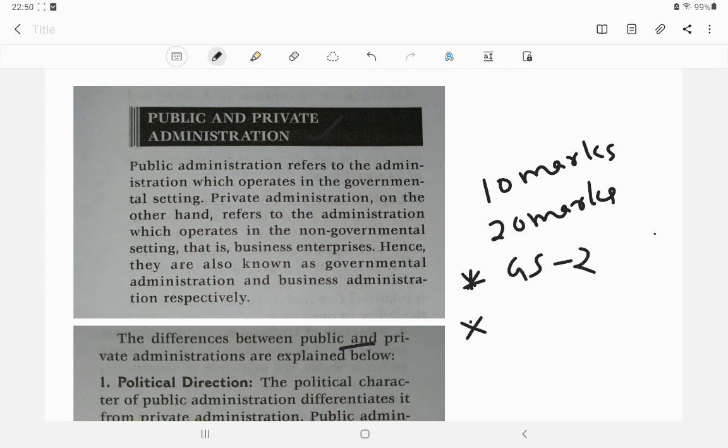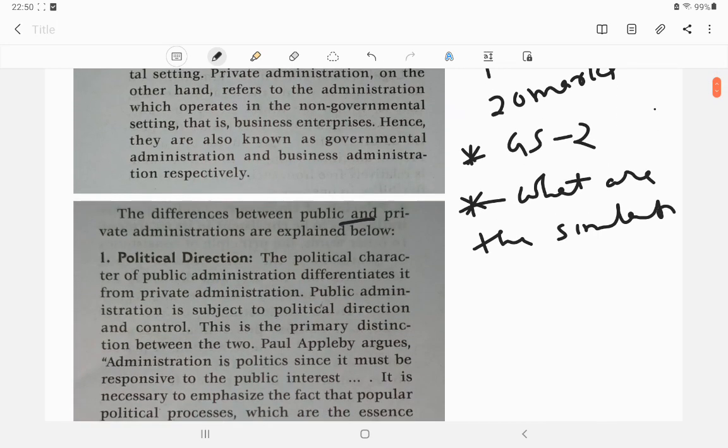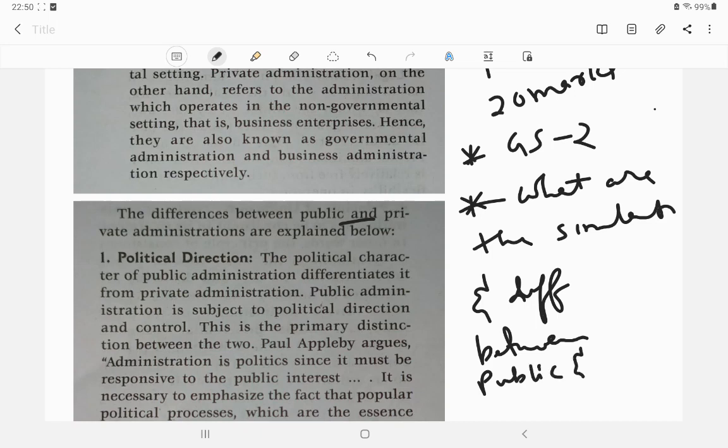That is, what are the similarities and differences between public and private administration.